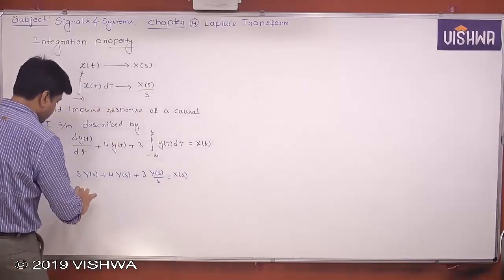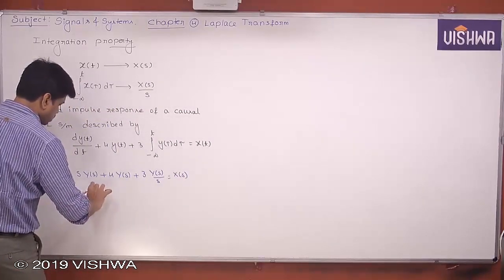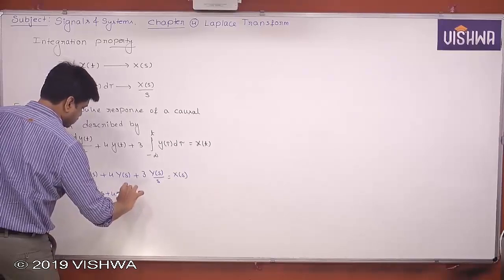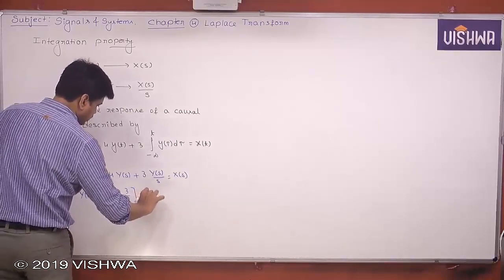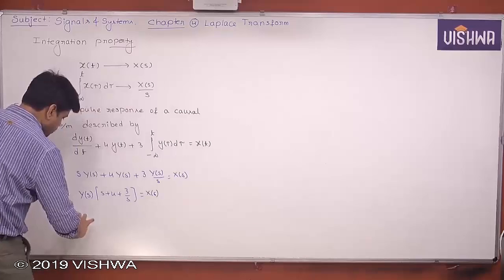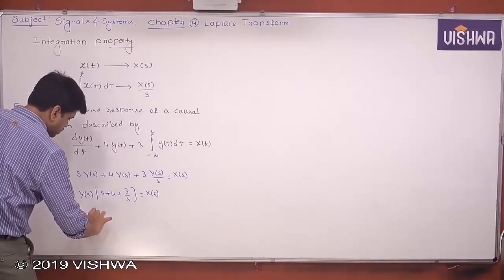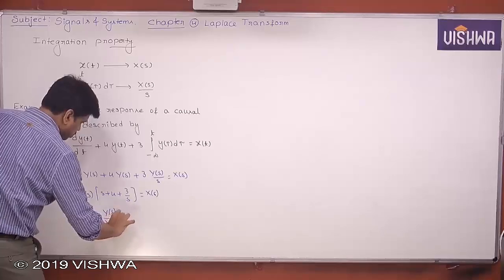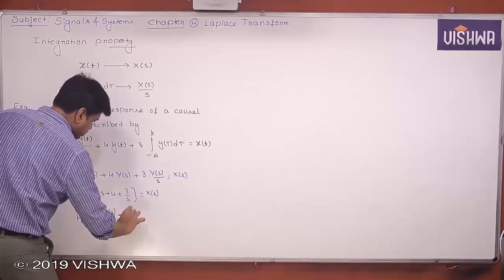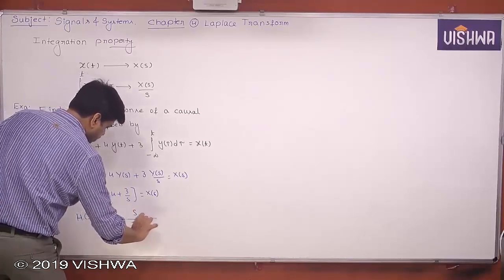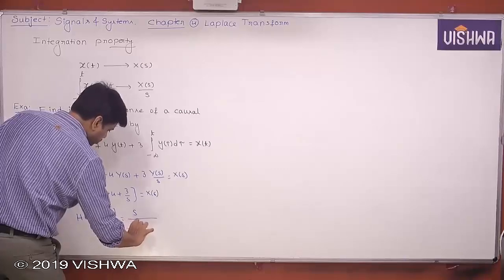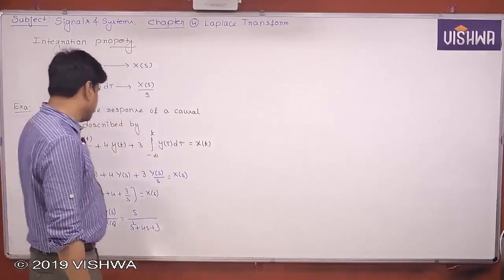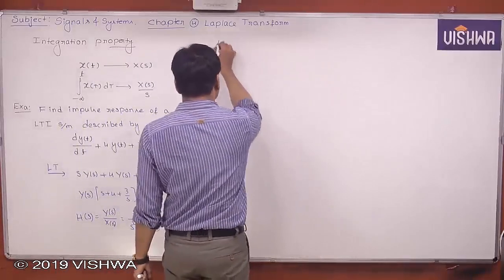If I take Y(s) common, then (s + 4 + 3/s) is equal to X(s). So what is H(s), which is Y(s)/X(s)? Cross multiplying, this is going to be s/(s² + 4s + 3). That's what H(s) we got.